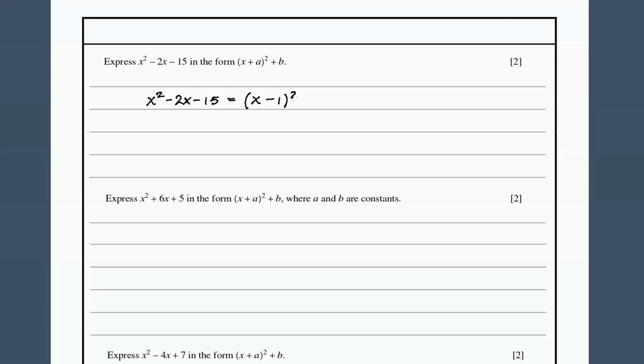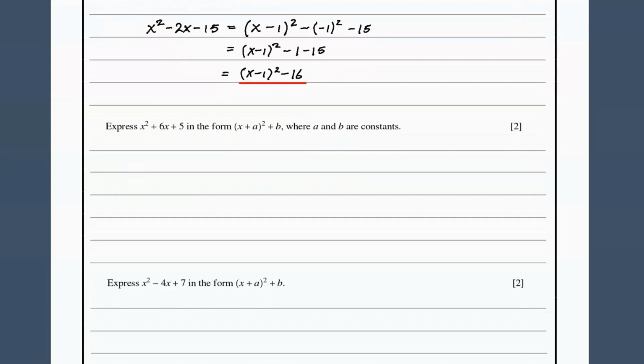Close bracket, then squared. And I'll subtract that minus 1 squared. And this is going to be plus c, which is the minus 15 that was already there. So this will give us x minus 1 squared, and this will be minus 1 and minus 15, which therefore gives us x minus 1 squared minus 16, and this here is the answer.